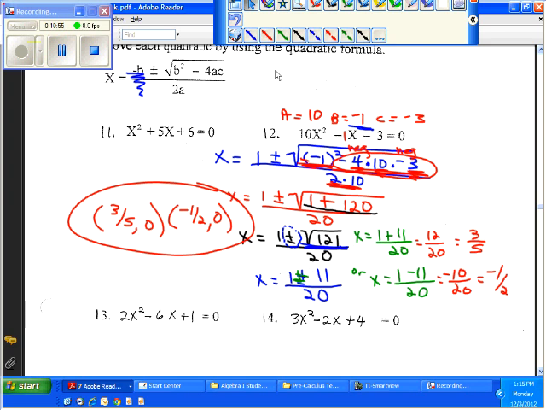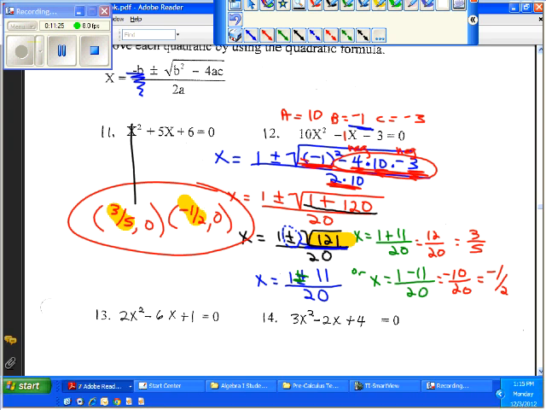Again, the radicand, the discriminant, was a perfect square. Therefore, we ended up with 2 real rational roots. No square root, no i. 2 real rational roots. Any questions on number 12?